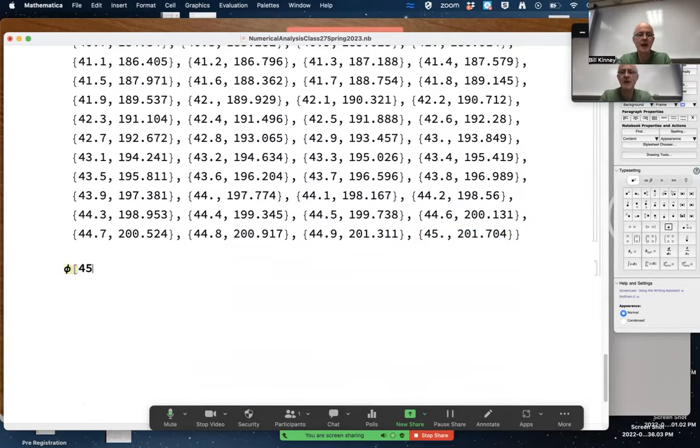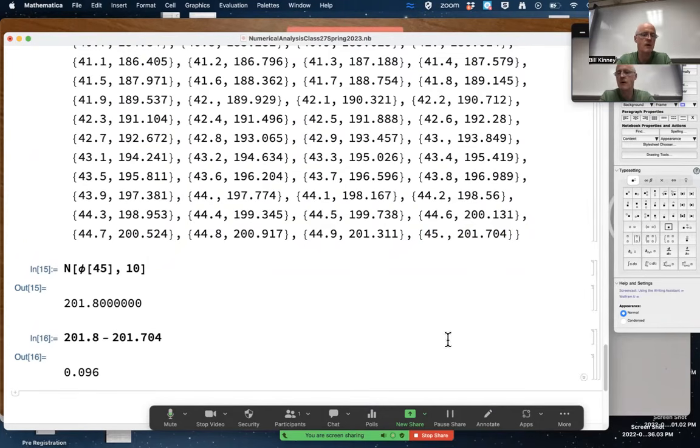Again, phi of 45 itself is 201.8. So the error in this case by the last step would be 201.8 minus 201.704, an error of about 0.096.